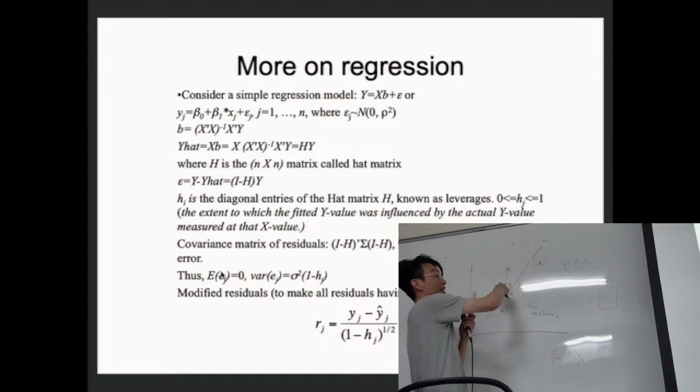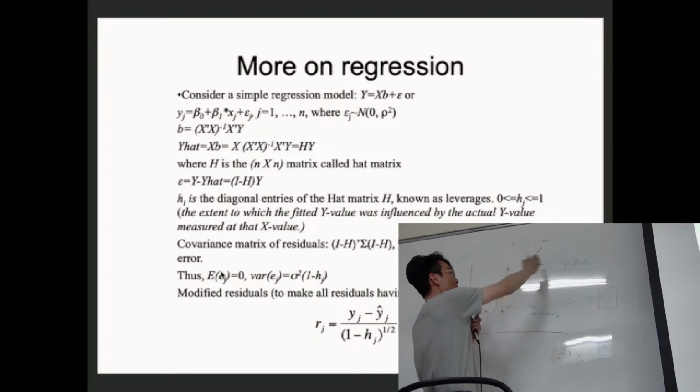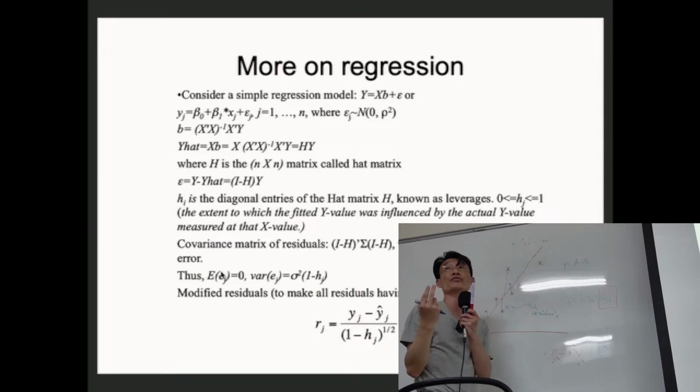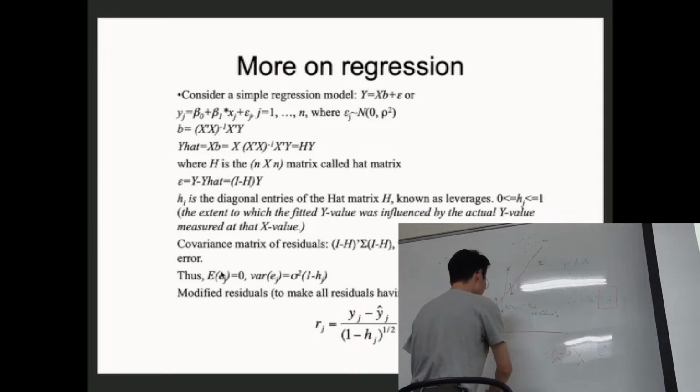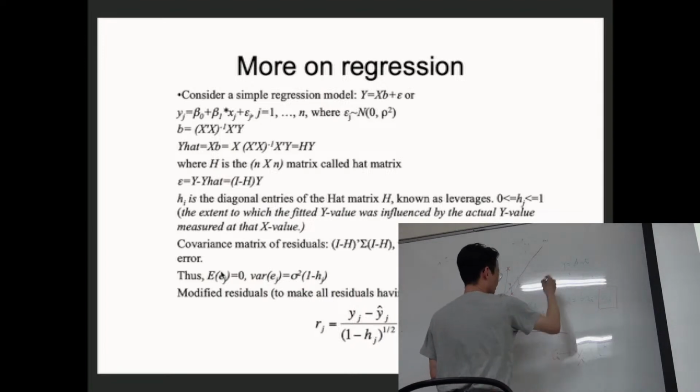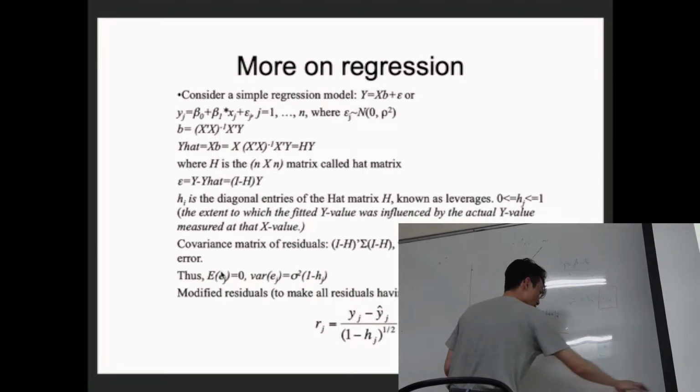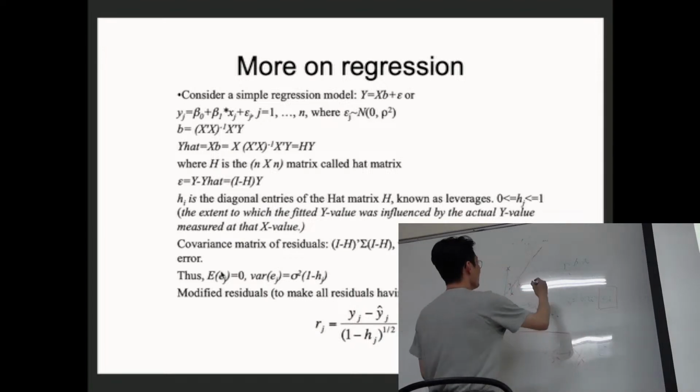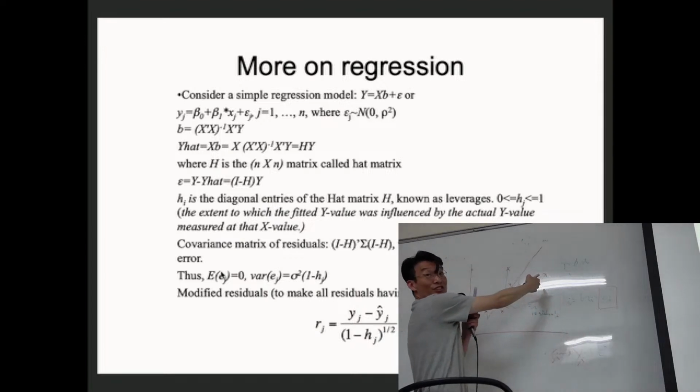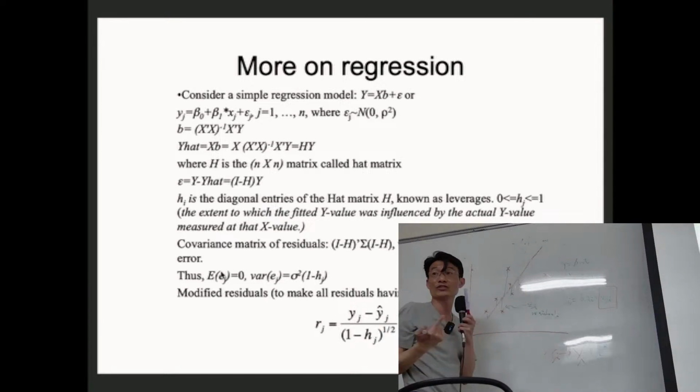Data here are less influential. Data at the ends are more influential. And if you have data like that, it is also influential, because it deviated from the tendency. This one is also very influential.